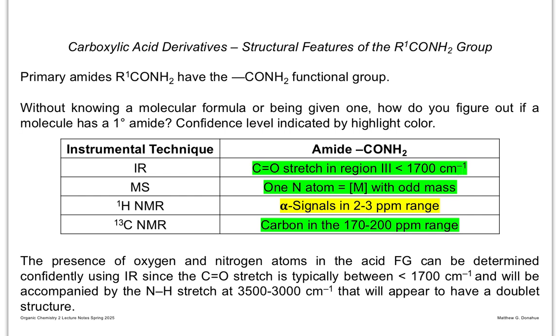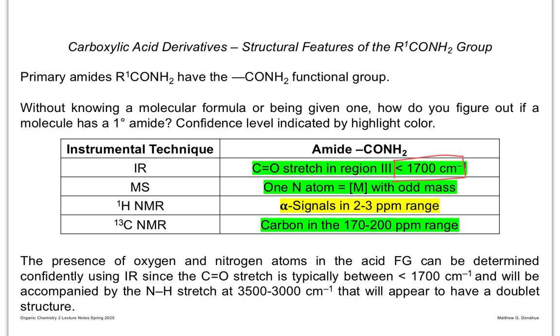So as I stated earlier, in general, amides will have their carbonyl stretch below 1700. Differentiating between primary, secondary, and tertiary amides, there's a slight or subtle thing you can look at: the number of NH bonds. So they can appear different.